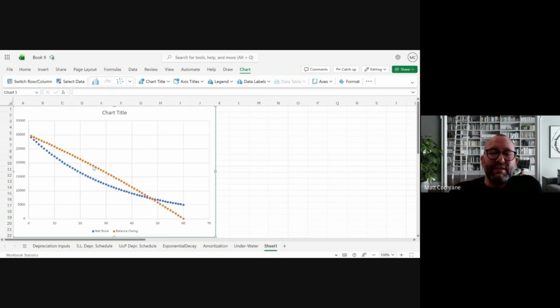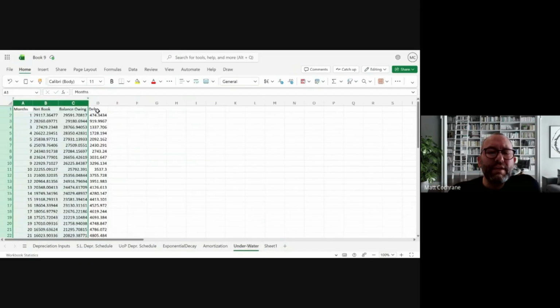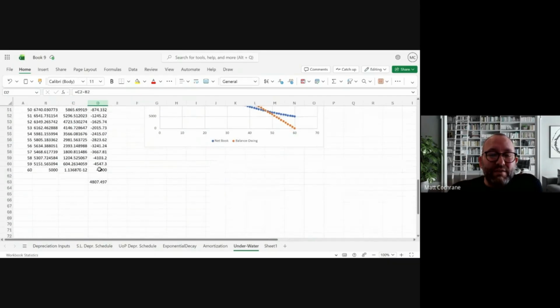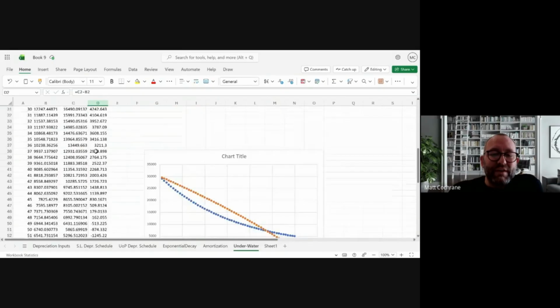Obviously, there's a maximum point of being underwater here, and out of curiosity, I wanted to find what that was. So I calculated the delta, which is just the difference between the balance owing and the net book or the asset value. Essentially, if you calculate that and then just run the numbers all the way down, you'll hit a maximum value.